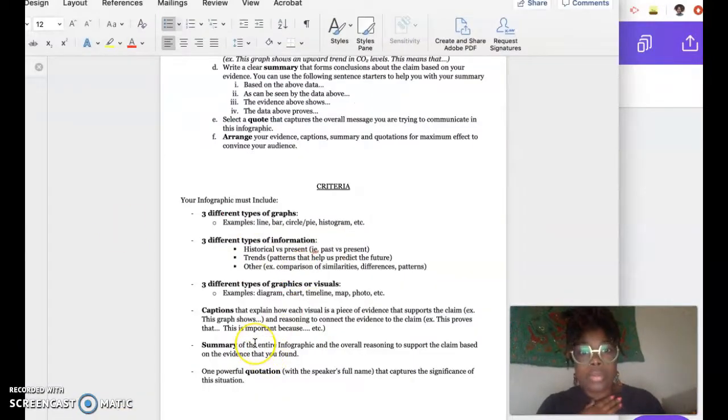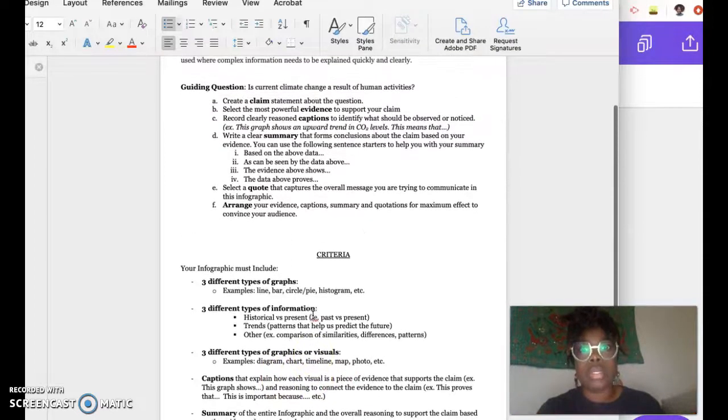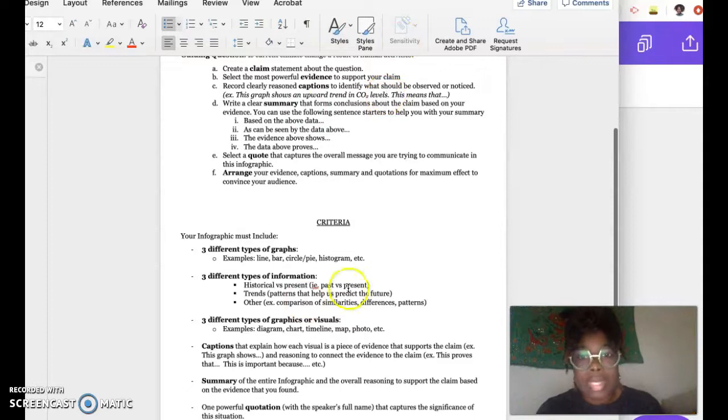All right, so with that, you have the captions. So you put your captions on there that explain how each visual is a piece of evidence that supports your claim, similar to what you would do in an essay. Each paragraph gives evidence to support your thesis statement, but in this case, it's a caption that relates to your claim statement.